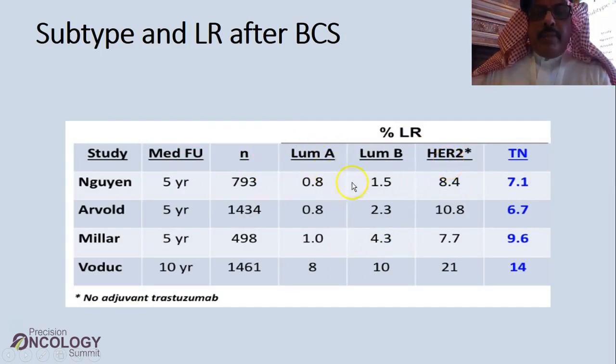And as you would expect, the luminal types have a very low risk of recurrence, and the bad ones are the triple negative. For the HER2, there is a big difference when you read the data before trastuzumab and after. It's a huge difference. After the introduction of trastuzumab, it almost became like luminal disease.